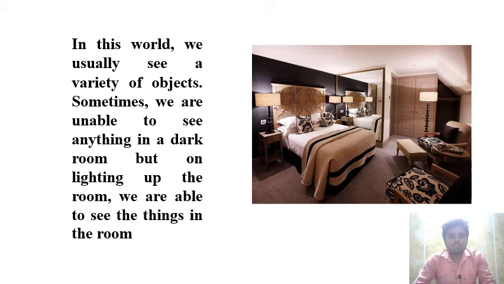Okay, students. In this world, we usually see a variety of objects. Sometimes we are unable to see anything in a dark room, but on lighting up the room, we are able to see the things in the room. When the bulb is on, we can see everything: the clothes, the chair, the bed.